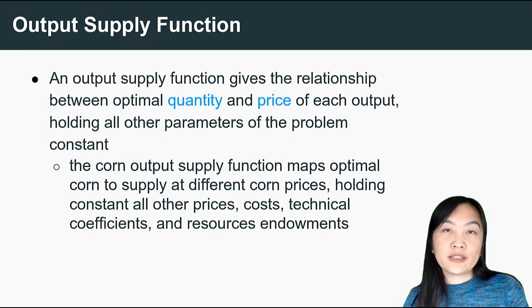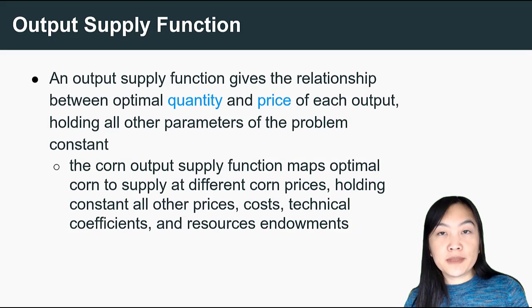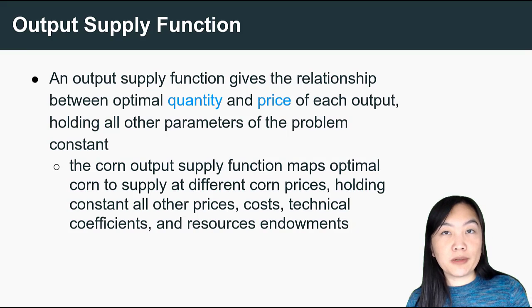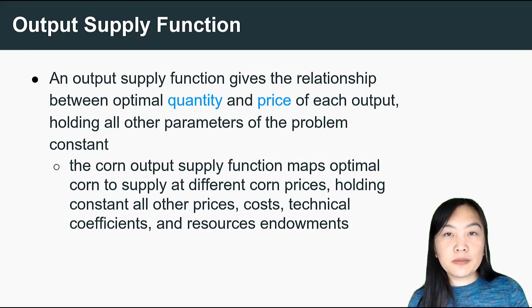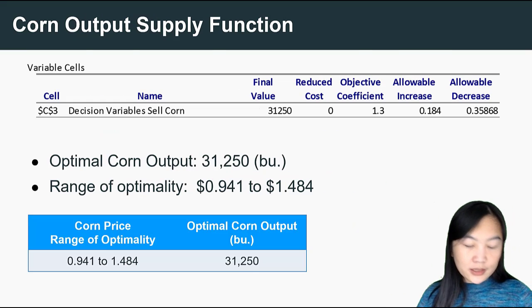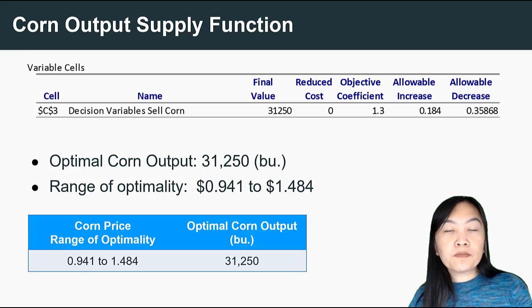For the production function analysis, we mentioned that the output supply function is part of the MC curve. So it is the quantity that the producer is willing to supply at a given price of the output. And of course, you're holding everything else constant, ceteris paribus. So here, let's use corn as an example.